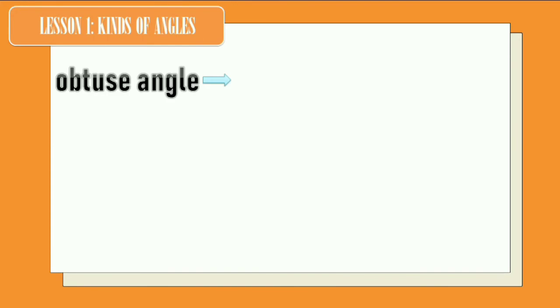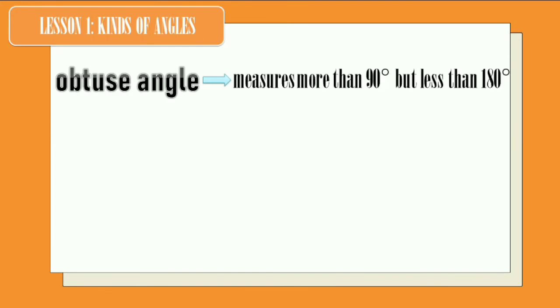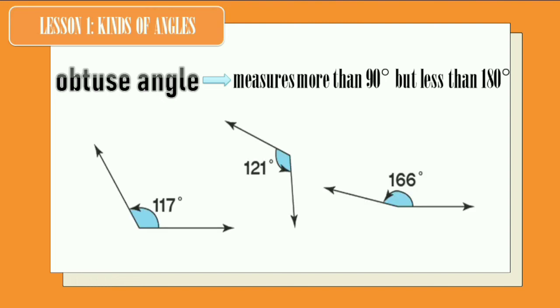Last, we have the obtuse angle. It measures more than 90 degrees but less than 180 degrees. So, ibig sabihin, 91 to 179 degrees. Here are the examples: 117 degrees, 121 degrees, and 166 degrees. So, aside from acute, right, and obtuse angles, meron din tayong straight angle and reflex angle.